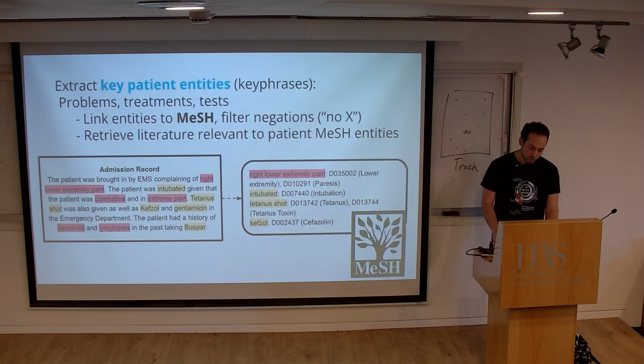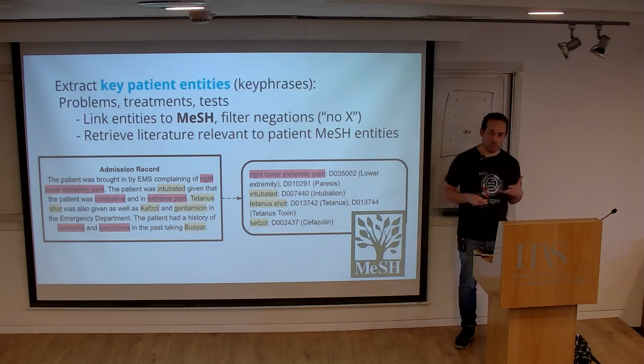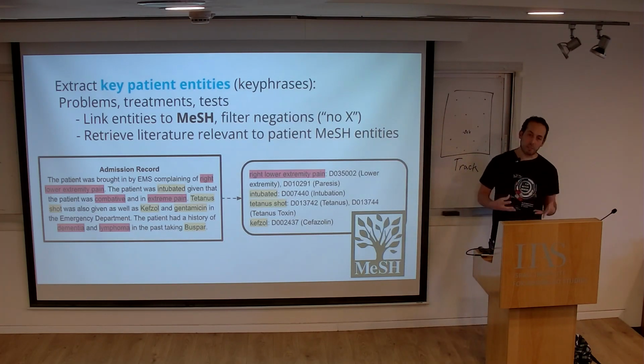So we do this with two different technologies, let's say. The first is extracting key patient entities using these inductive biases, or something that we know is probably important in the clinical setting.